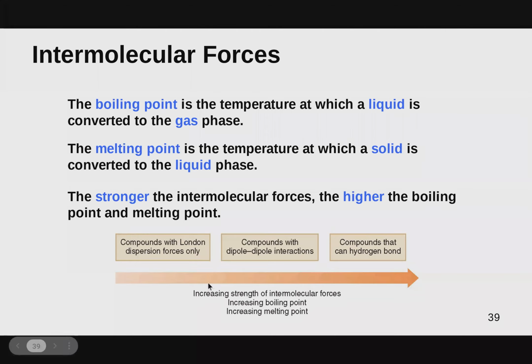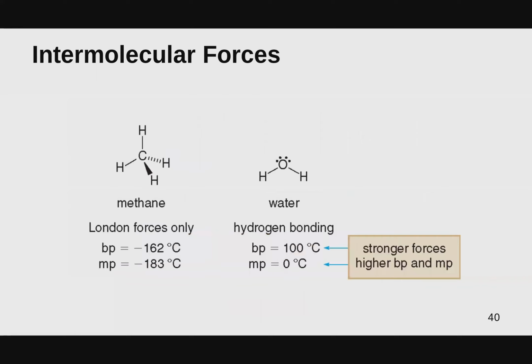So for things to increase in boiling temperature and melting point, they have to have more of these three intermolecular forces. So just to give you an example here, we have methane. Now, methane only has London dispersal forces. Its boiling point is minus 162 degrees centigrade, and it has a melting point of minus 183 degrees centigrade.